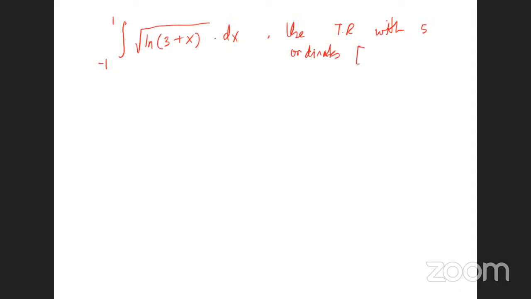What does 5 ordinates mean again? N is how much? Good job, N is 4. Go right ahead and do this real fast. Work it out and give your answer to the usual 3 significant figures. I do have the values for this one, so work it out because I'll need your help.